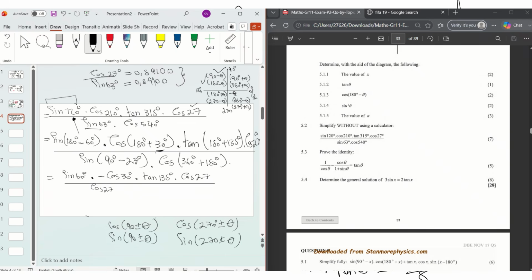If you had sine, it will change to cos. If you had cos, it will change to sine. Again, the sign of the function will depend on which quadrant we are dealing with. So don't forget that, guys.